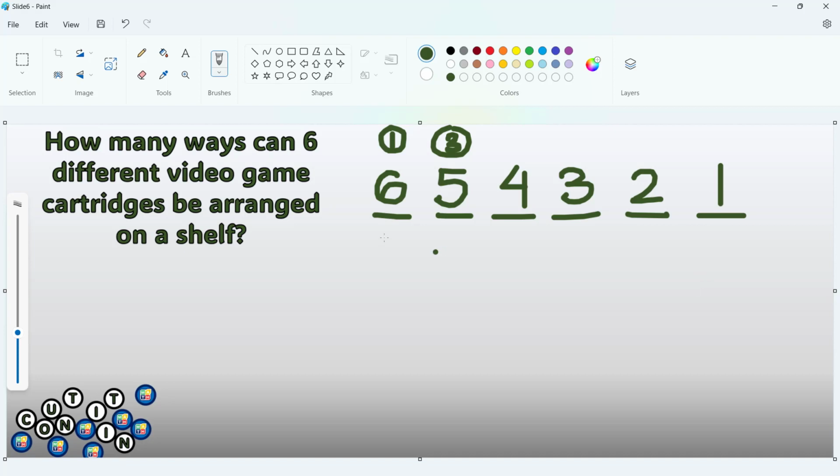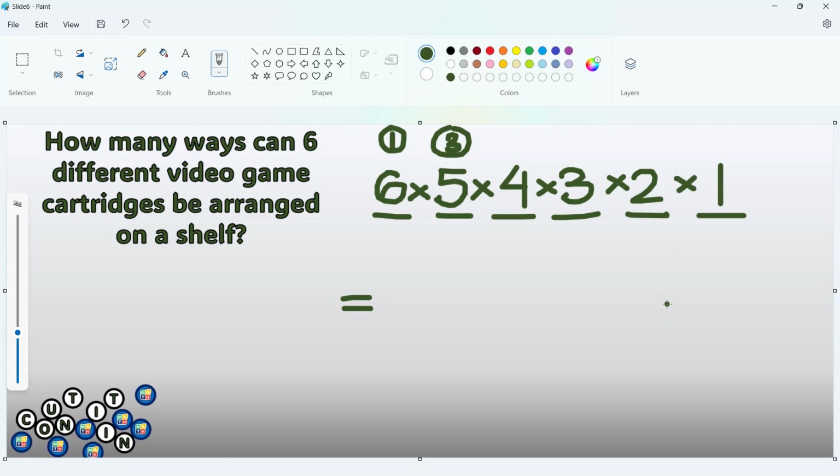So for example, you use here the yellow cartridge, then here would be the blue cartridge, here's the purple cartridge, the green, and the orange. You're now left with the red, and that's the only one remaining for the last placement. The fundamental counting principle allows us to multiply all these possibilities. That would mean 6 times 5 times 4 times 3 times 2 times 1.